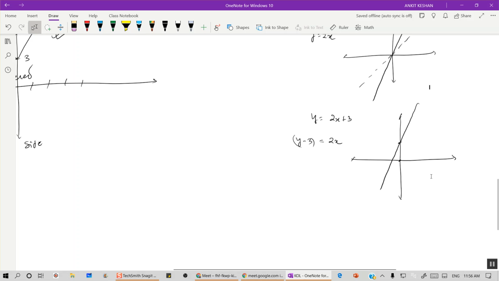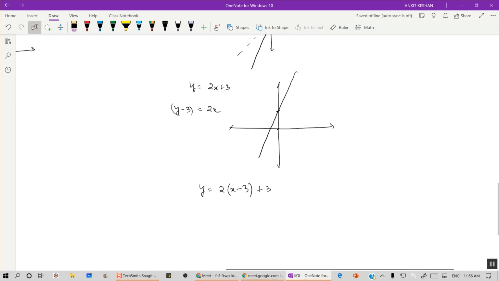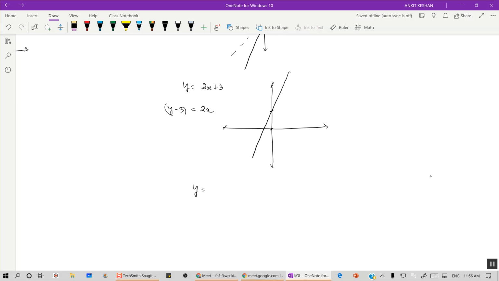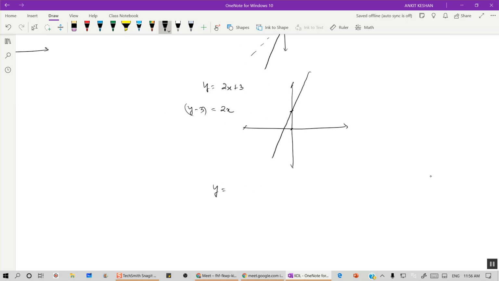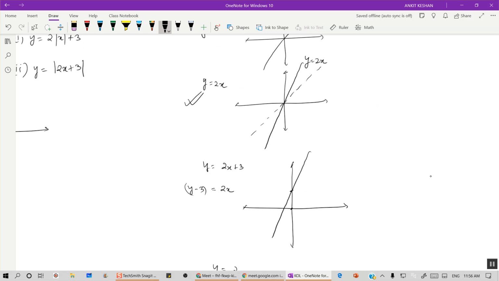Now if we do y equal to 2x minus 3, what will happen? Let us not do it very quickly. We were having y equal to 2x here.